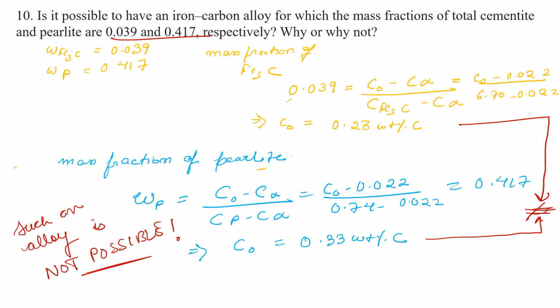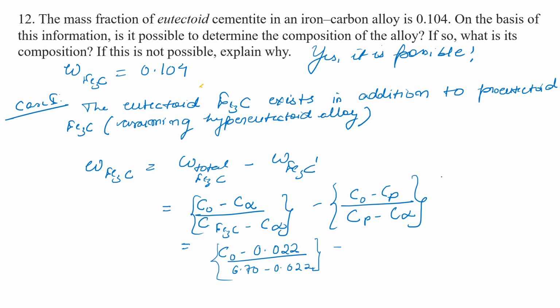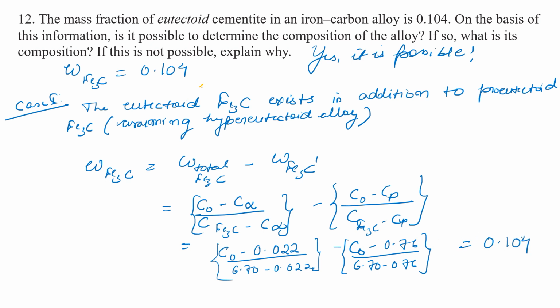Okay, got it. So C naught minus Cp is 0.76 divided by 6.70 minus 0.76, and this has been given to us as 0.104. So solving this, we should get the C naught value as 1.118% carbon.